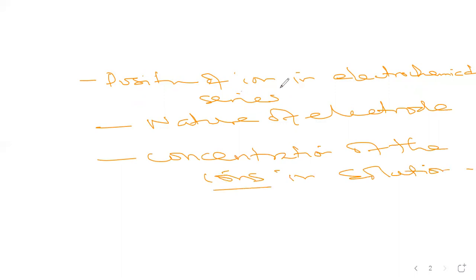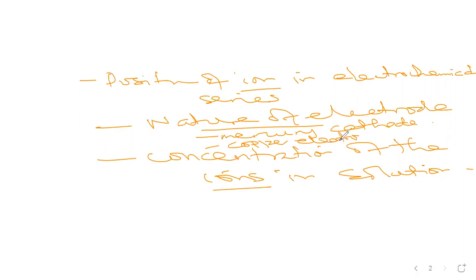I strictly specified ions. We saw nature of electrode, where we looked at the effect of a mercury cathode in electrolysis of concentrated brine or sodium chloride, and the effect of the copper electrode during electrolysis of copper II sulfate solution. Those are the most important electrolytic processes you have to recall.